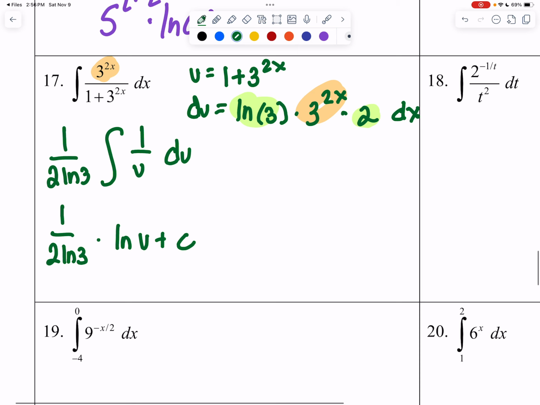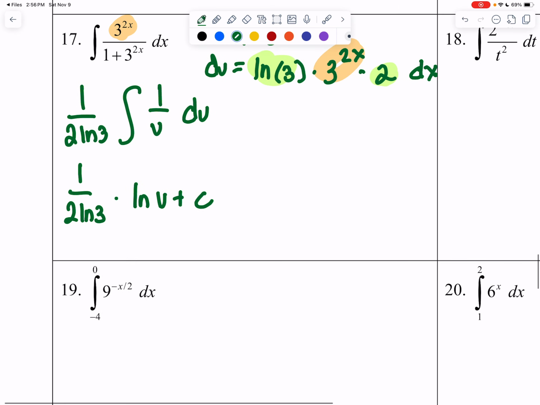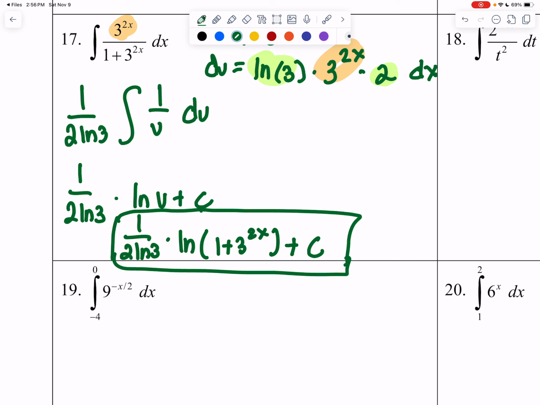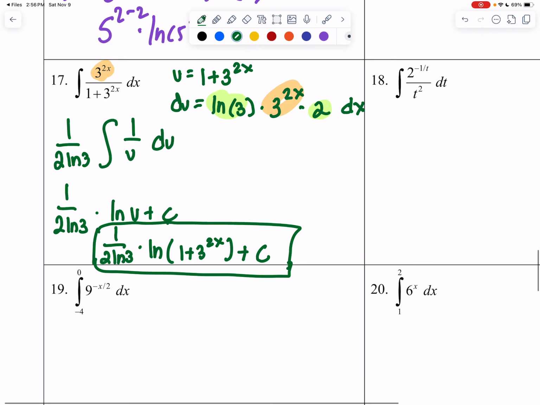Now u is 1 plus 3 to the 2x, and once again, that thing right there is always going to be positive, so I'm not going to have absolute value bars. So I have 1 over 2 ln of 3 times ln of 1 plus 3 to the 2x. If you want absolute value bars to be safe, you can. But I'm just going to keep it like that and call it a day.